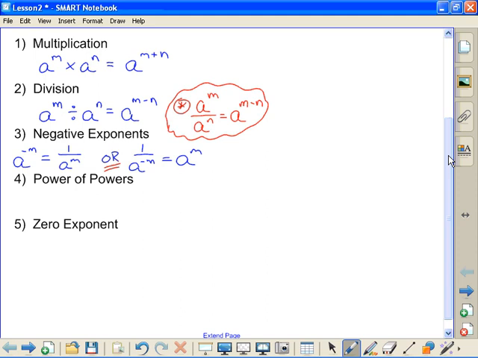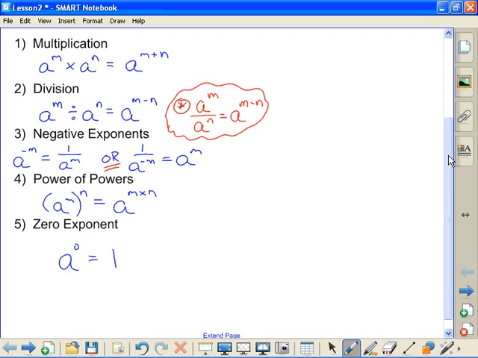Power of powers, if I have a to the exponent m to the exponent n, power of powers simply says that we multiply our exponents together. And finally, that zero exponent, so any base to the exponent 0 is equal to 1.